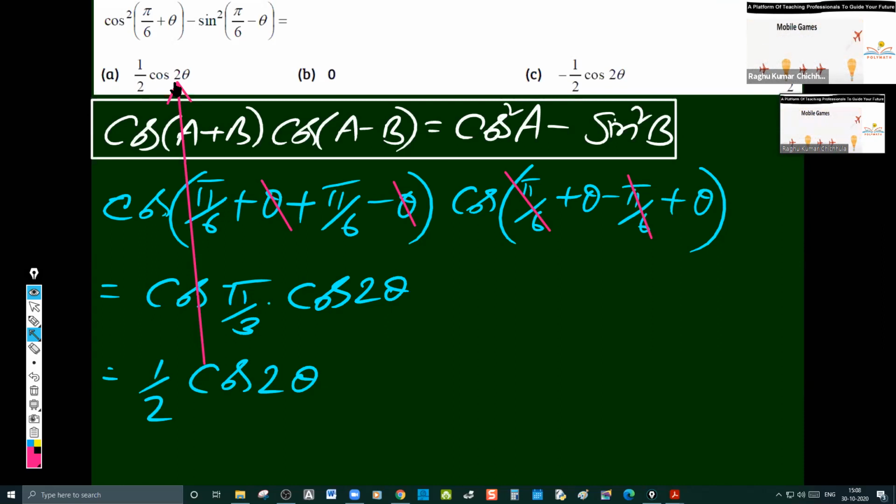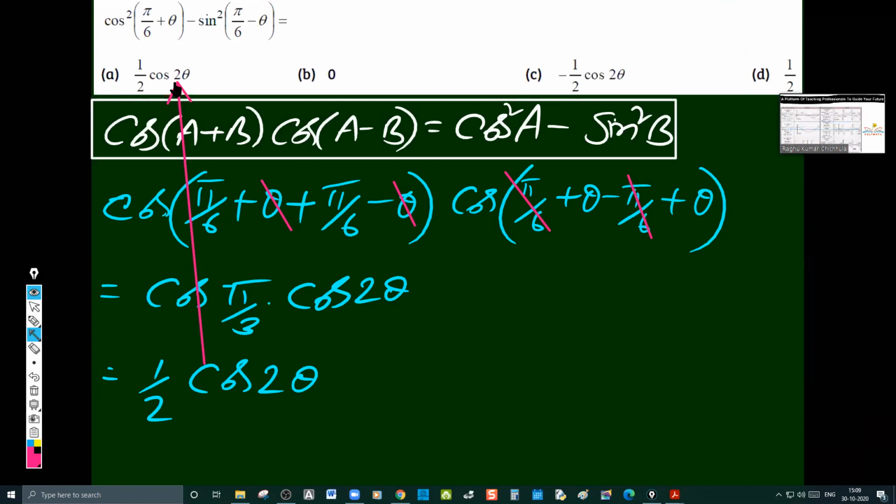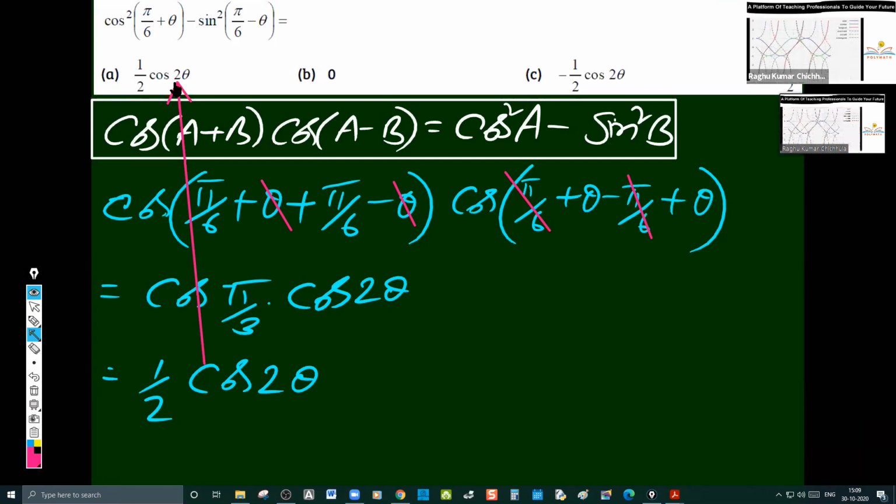Same: cos square B minus sin square A. In place of A, B comes; in place of B, A comes. That's it. A and B are replaced. Bhavi? Yes, sir. I thought cos and sin changed their places. No, A and B are replaced, and thereby it becomes cos square B minus sin square A.